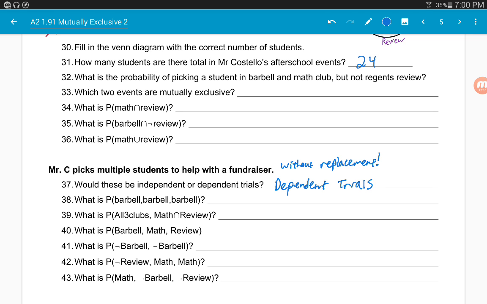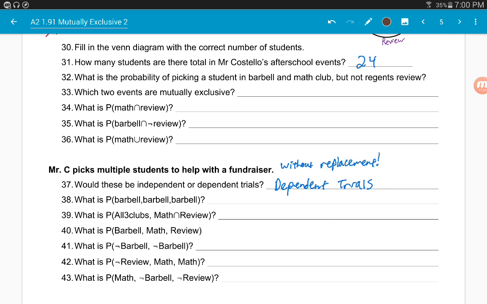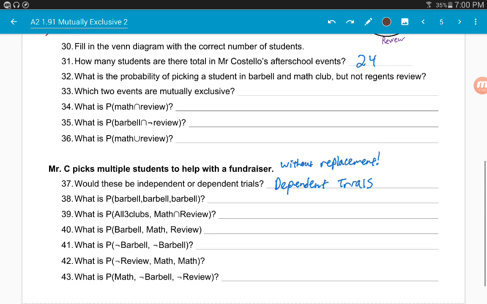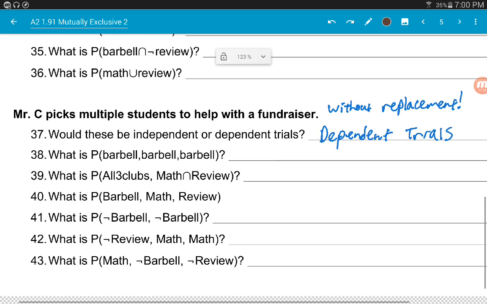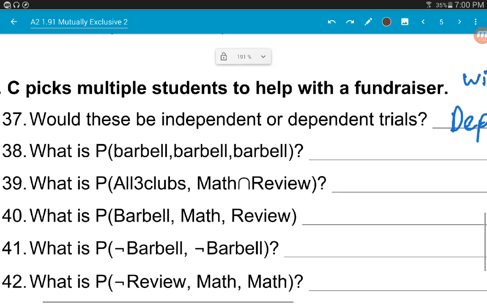Now, what that means about the numbers is as follows. Every time I take someone out, the denominator goes down, right? So I have 24 students to begin with, right? So if I chose students to help me with a fundraiser, students who are in my clubs, what is the probability that that person is in barbell club, and then the second person's in barbell club, and then the third person is in barbell club, right?